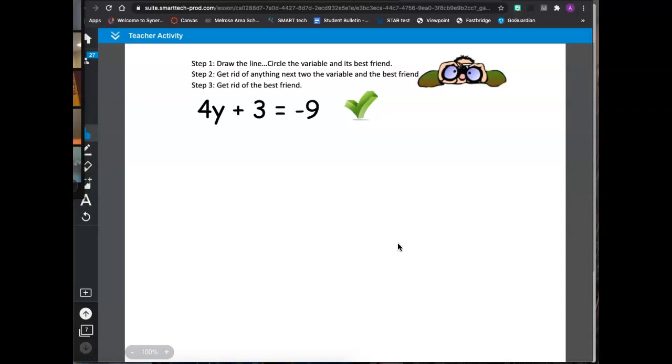Maddie Kramer, be careful with negative signs. -9 minus 3, be careful with that. Maya, make sure you put a negative sign on that 12. Megna, make sure you put a negative sign on the 12.